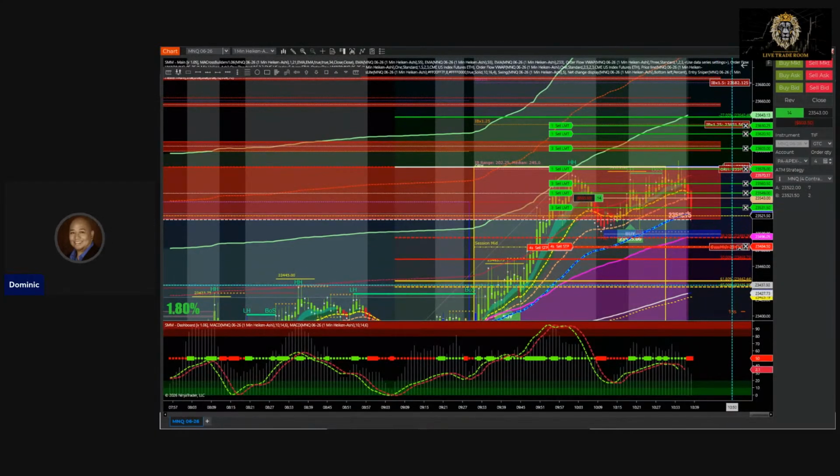Probably 10 seconds, I'm going to push it up. 12, 10, 8, 7, nope. Looks like they're trying to get up. Let's see the close. Let's see if they can push it up at that close. There we go. Come on.